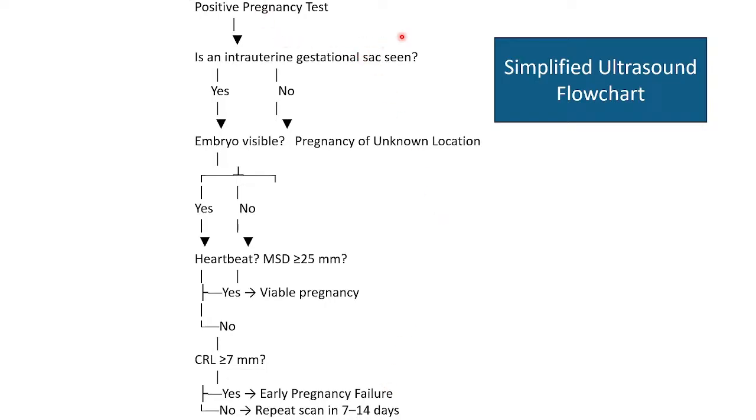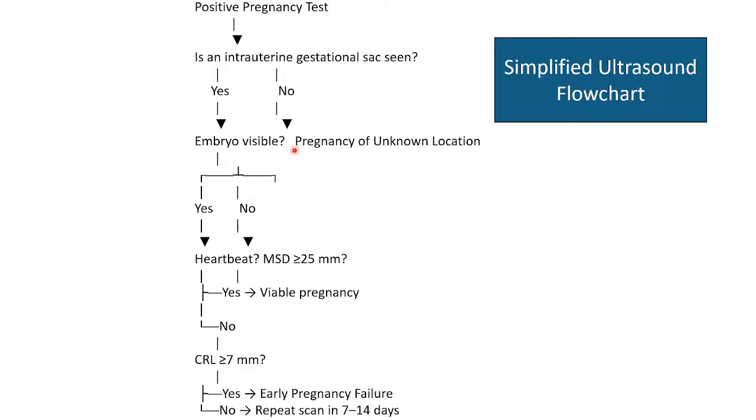Let's do it stepwise like this. The pregnancy test is done. Is there an intrauterine gestational sac? Yes or no? Pregnancy test positive. Is there an intrauterine gestational sac? Now we are answering this using ultrasound. Yes, there is.